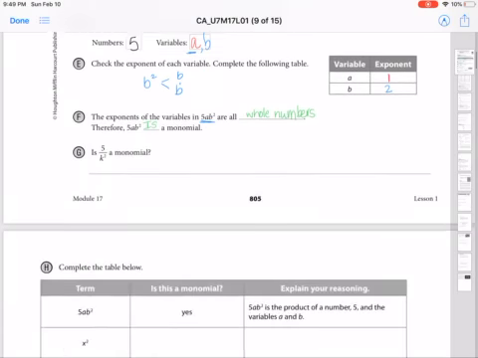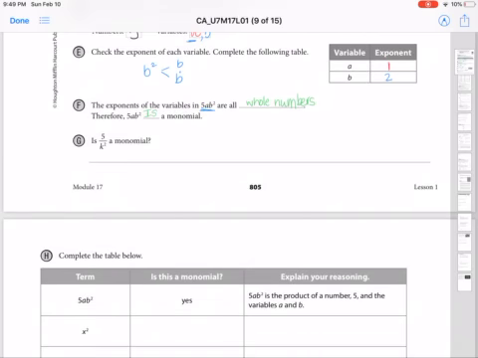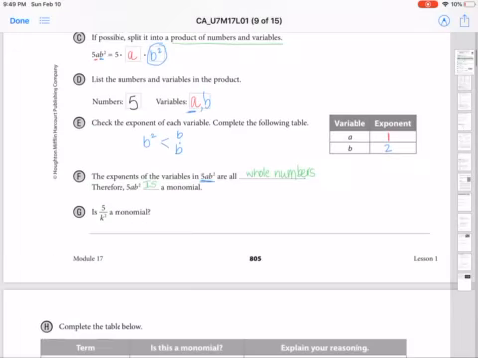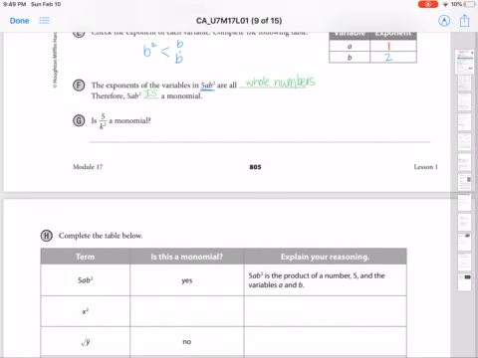Okay, so let's go ahead and look at G. Is 5 over k squared a monomial? Well, if we go back up to our rules here, we know that a monomial can't have more than one term, and it cannot have a variable in its denominator. So if we go back down here and we look at 5 over k squared, we see that it cannot be a monomial because there cannot be variables in our denominator.